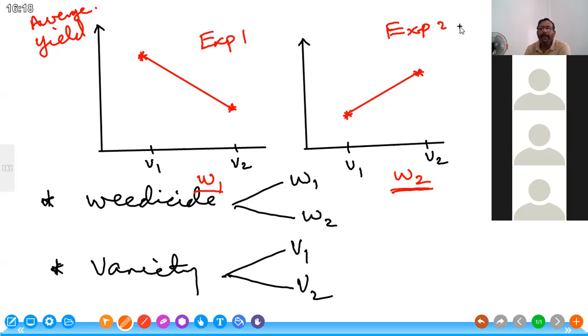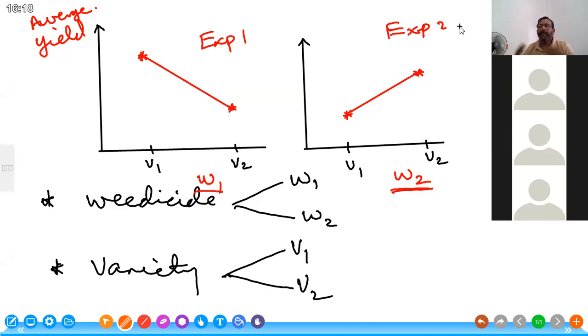So we apply 2 different we decide at 2 different situations, but for the same paddy variety. We are doing it as 2 experiments.